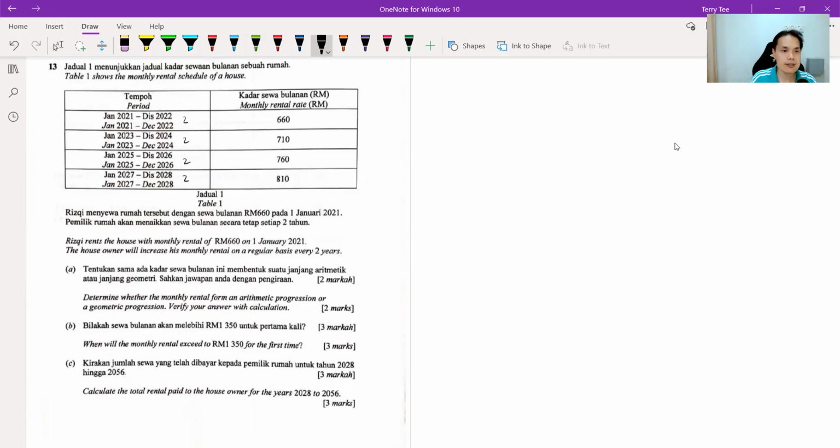You can see this is your T1, this is your T2, this is your T3, this is your T4. To determine whether it's arithmetic or not, we take T2 minus T1. In this case, 710 minus 660, the difference is 50. Then T3 minus T2, 760 minus 710, you also get 50. And T4 minus T3, which is 810 minus 760, I still get 50.